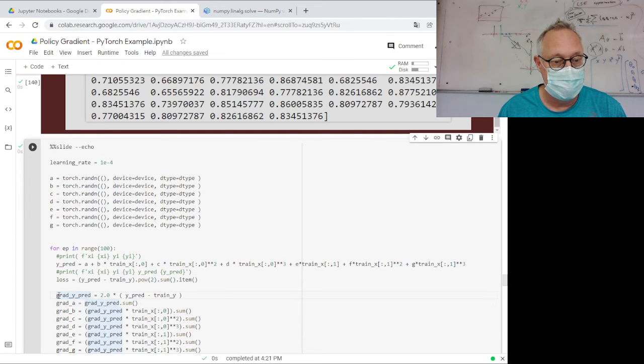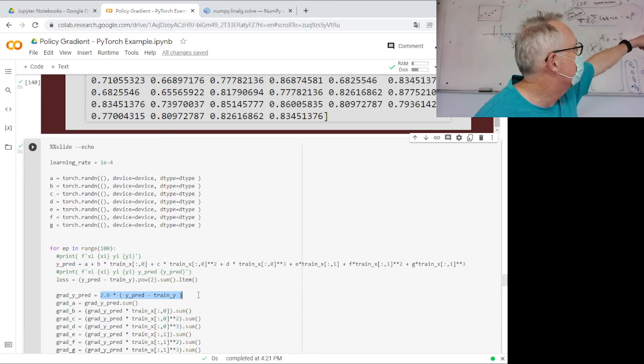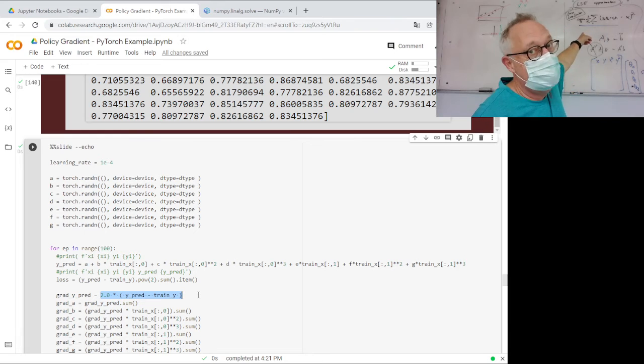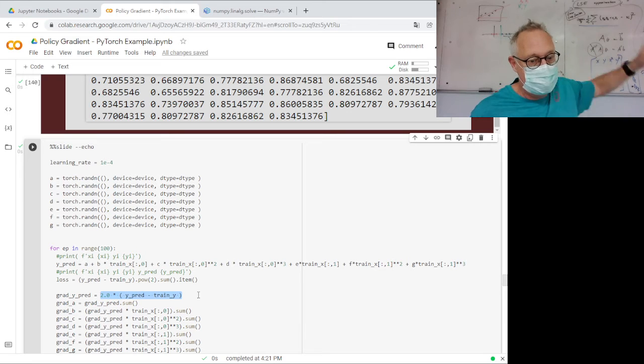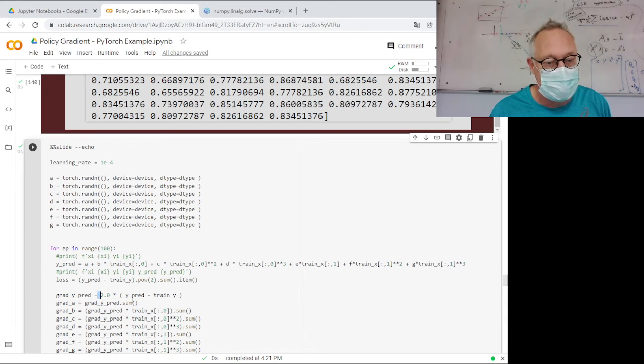And this part here, that's exactly that gradient calculation, right? Except in that case, my loss function didn't have the 1/2 as part of it, so this is why that is 2 times the prediction minus the trained value.